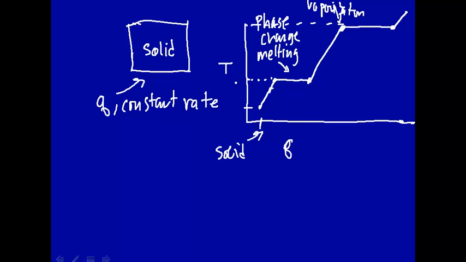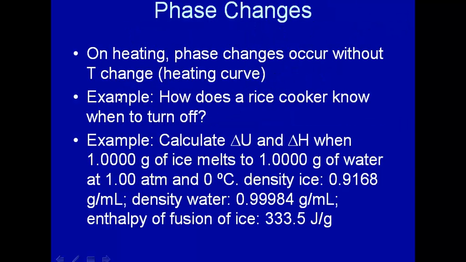So these are phase transitions. This is the temperature of fusion. This is the temperature of vaporization. And we'll consider these in more detail when we talk about the second law of thermodynamics in the next lecture. All right, so just a review of phase changes.